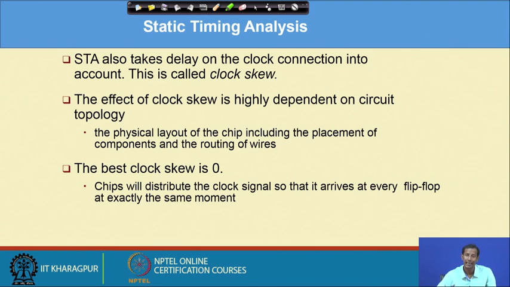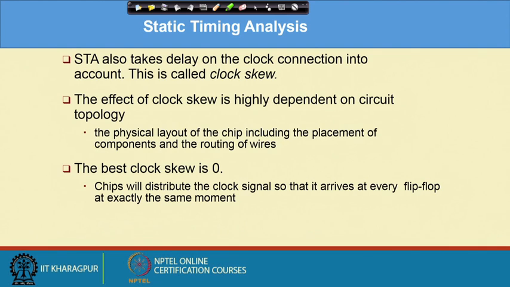But in the ideal case, if we consider clock skew is 0, that means each of the sequential elements has been connected to the clock in a uniformly distributed network. Suppose the clock connected to the first element and the clock connected to the farthest element take the same amount of time.